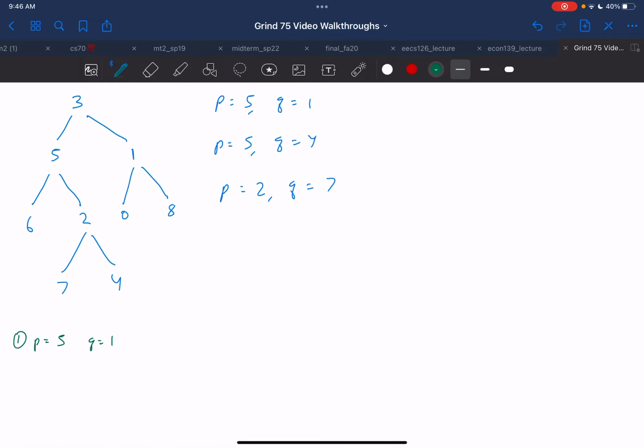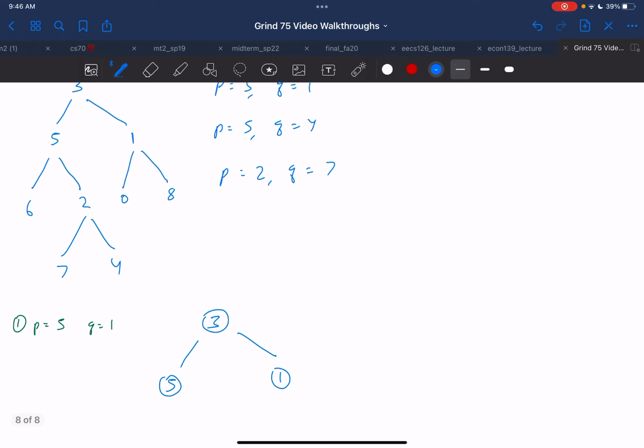Initially, we start at the node with value 3. 3 is not equal to P or Q, so we recurse onto 5 and onto 1. We can start with the left subtree. We first recurse to 5, and we see that 5 is equal to P, so we return 5.